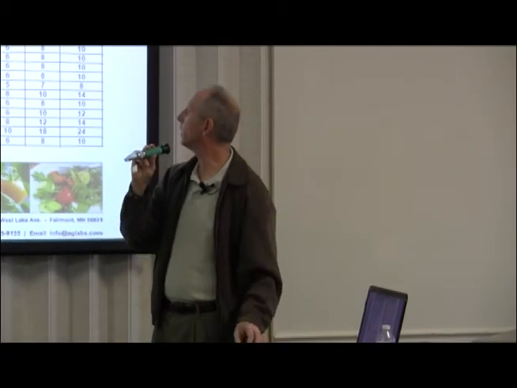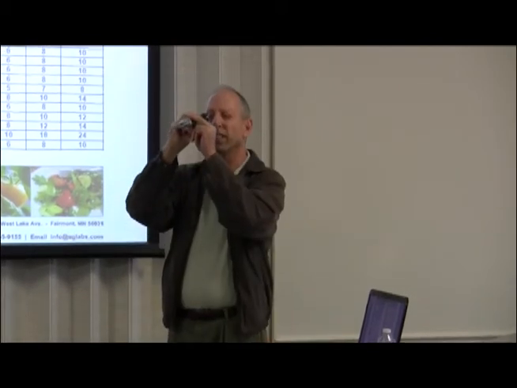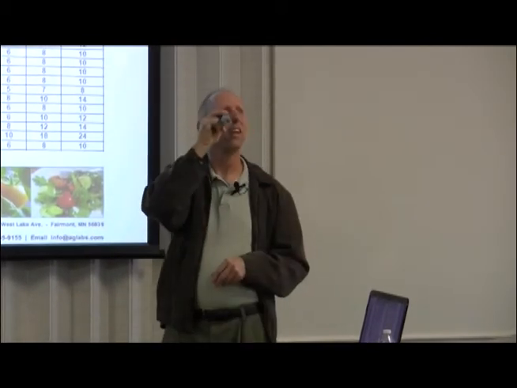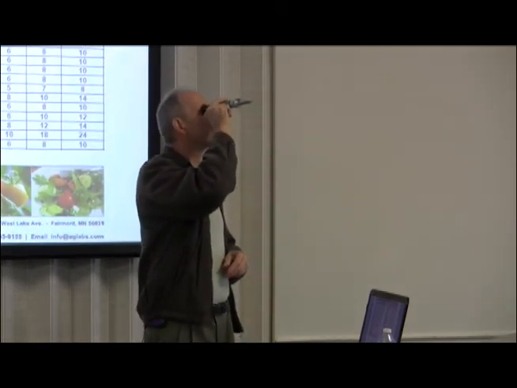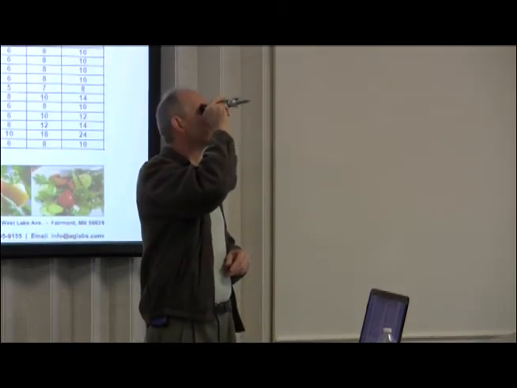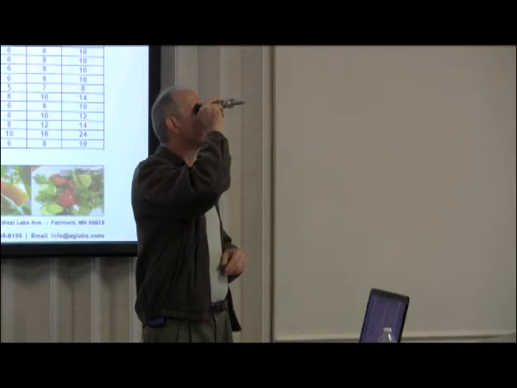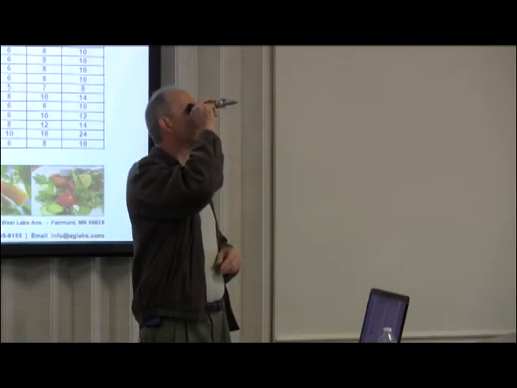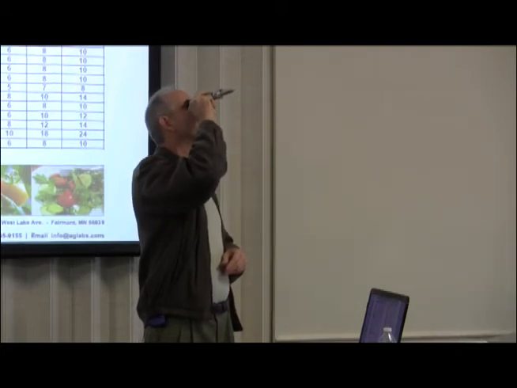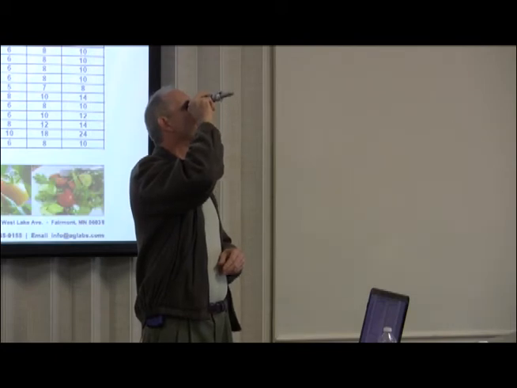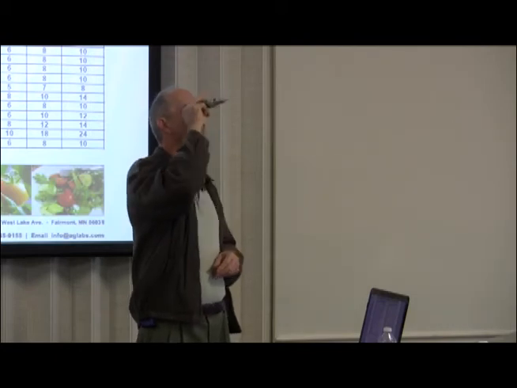Now I'll show you, there's a meter inside here. Let me see if I can get good enough light. Okay, this BRIX right here is about 4. 1, 2, 3, 4.